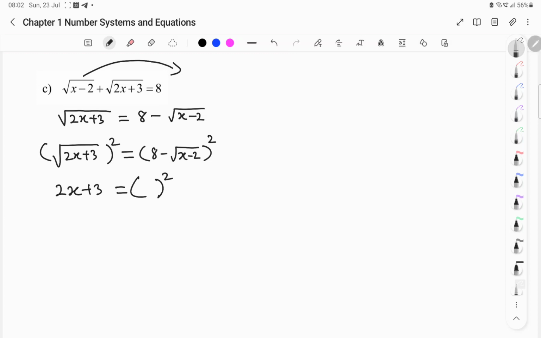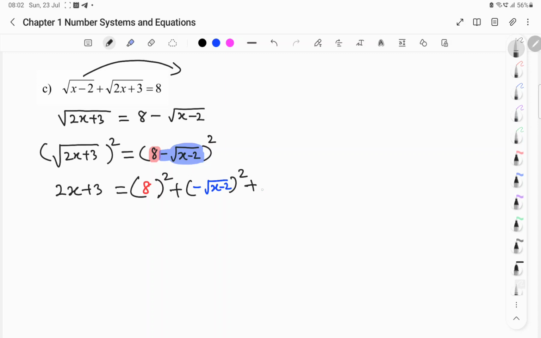Okay, so front squared, which one is the front one? The front term is 8. Okay, and then plus the back term squared. The back term is what? The back term is this one, minus square root of x minus 2. So copy paste everything. Okay, like that.